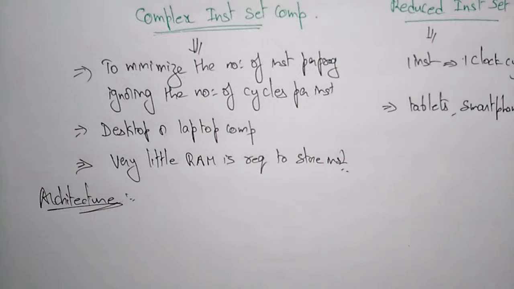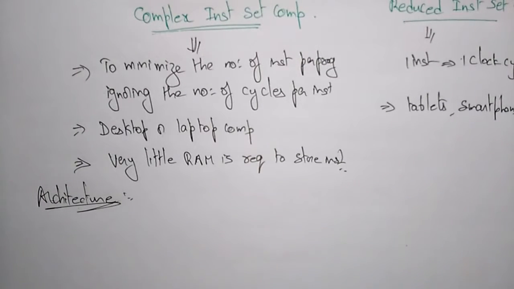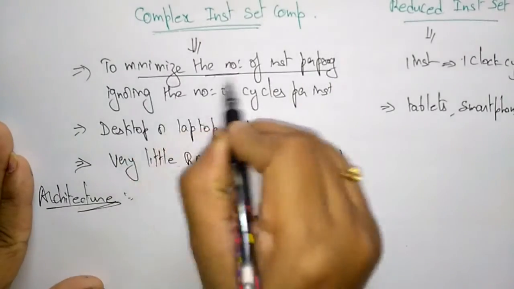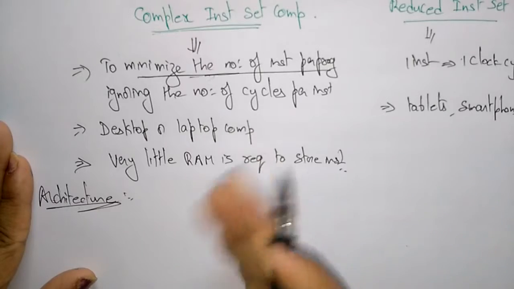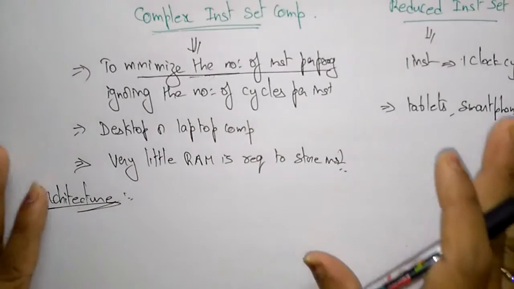So the number of instructions per program can be minimized by embedding a number of operations in a single instruction. That is the main advantage in CISC processing.